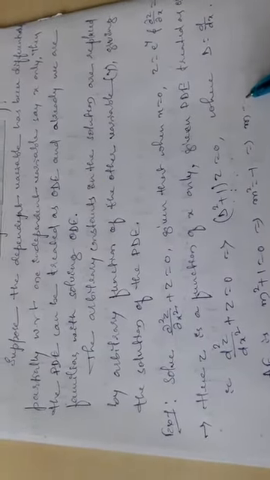We can solve this using only the complementary function. Before that, we consider the auxiliary equation. The auxiliary equation is obtained by replacing D by m, therefore m² + 1 = 0. Taking the roots, m² = -1, which implies m = ±i.